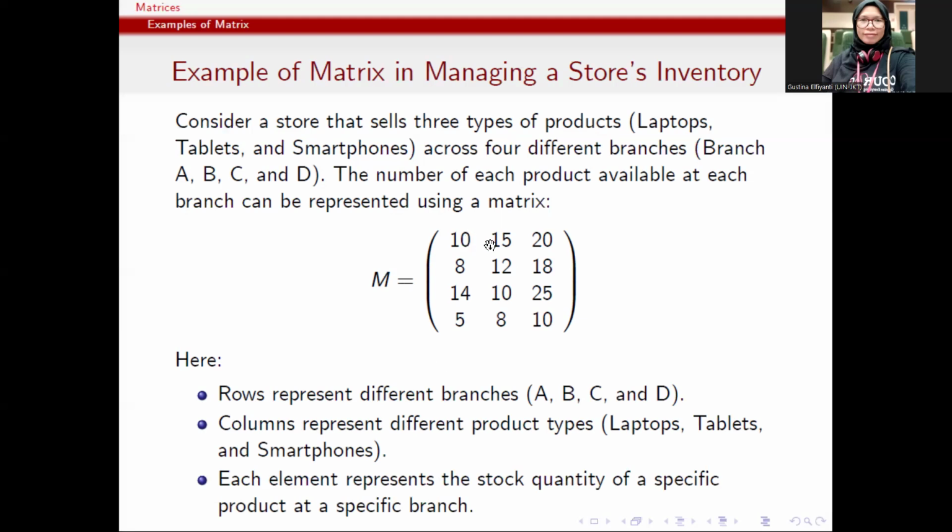So each element of the matrix represents the stock quantity of a specific product at a specific branch.